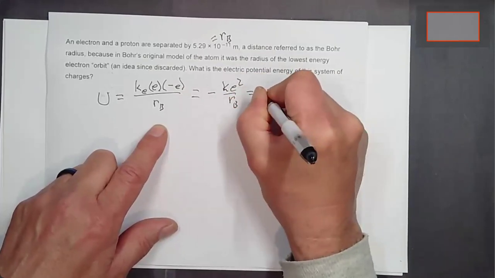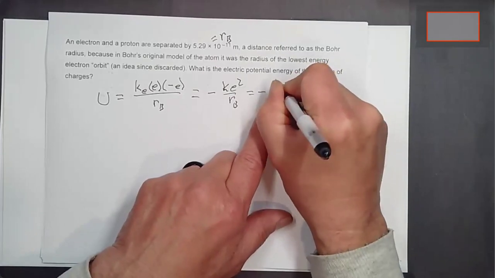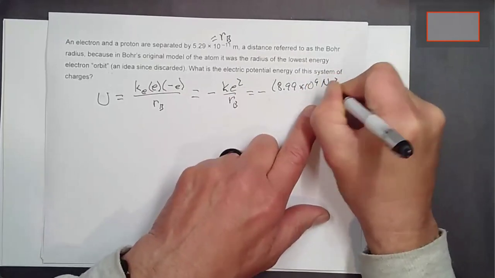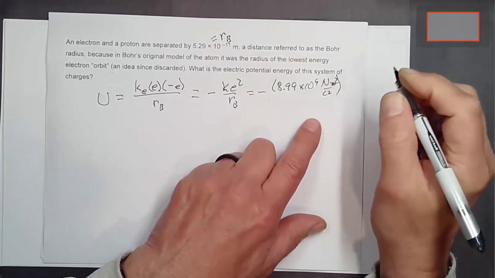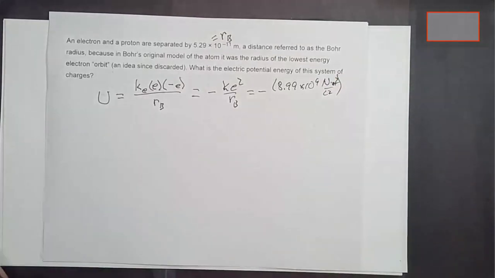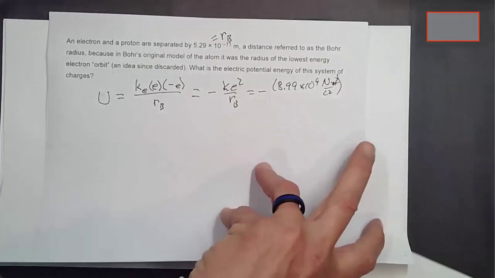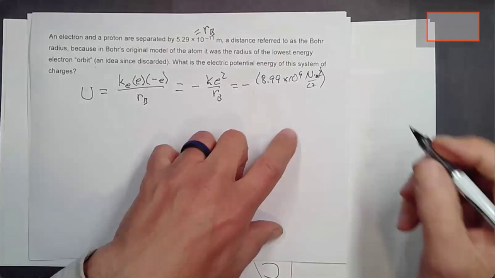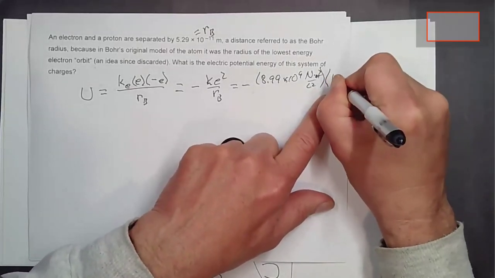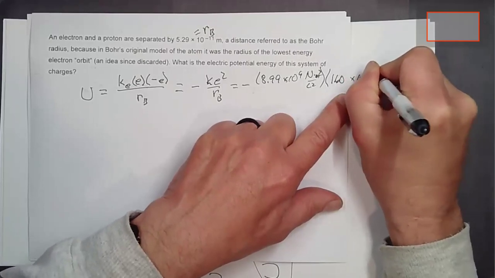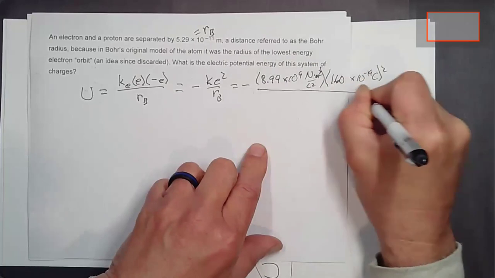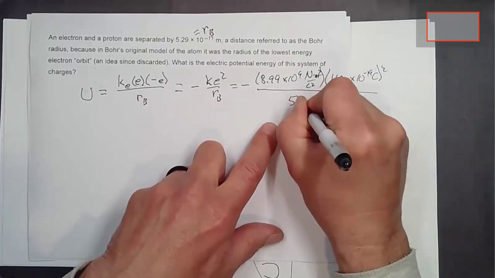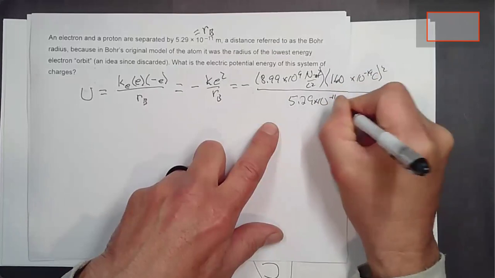So let's see what comes out of this. Minus 8.99 times 10 to the 9th newton meters squared per coulomb squared, times 1.60 times 10 to the minus 19th coulombs squared again, and then r sub B, the Bohr radius, 5.29 times 10 to the minus 11th meters.